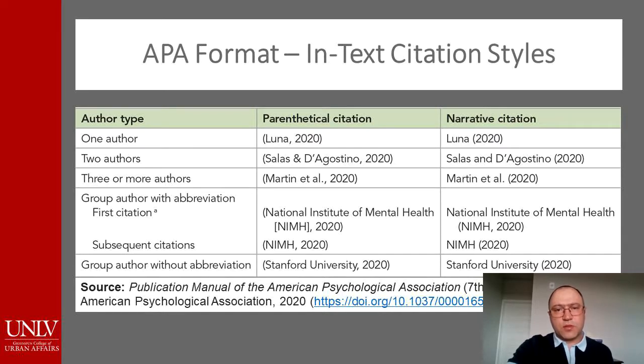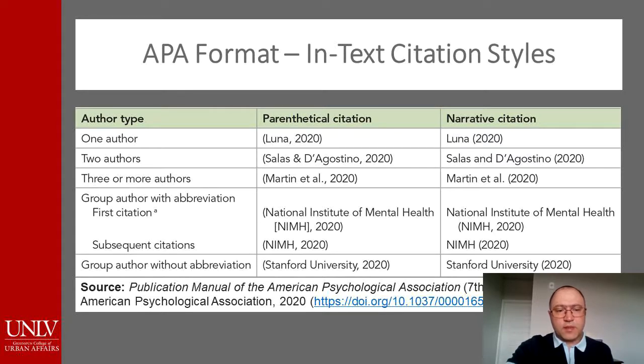Sometimes your resource has two authors. In the parenthetical style, you put an ampersand between the two authors, followed by a comma and the year. But when you use a narrative citation, you need to use the word "and" in the sentence. When the resource has three or more authors, you can add "et al." after the first author.